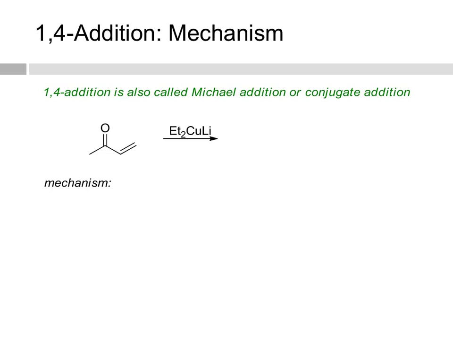1,4 addition is also called a Michael addition or a conjugate addition. If we were to draw the mechanism of the addition of a cuprate or a Gilman reagent, we will start with nucleophilic attack. And so we have nucleophilic attack of the cuprate to the 4 position of the alpha-beta unsaturated carbonyl.